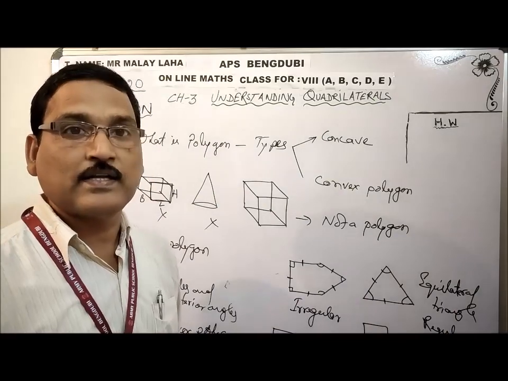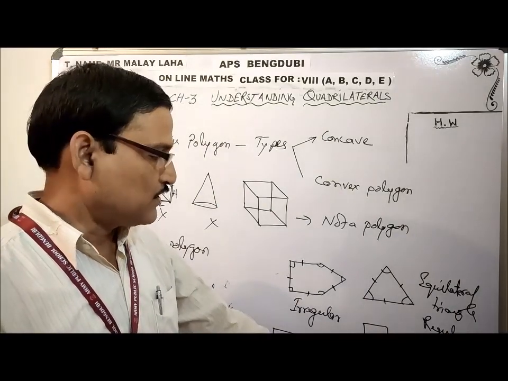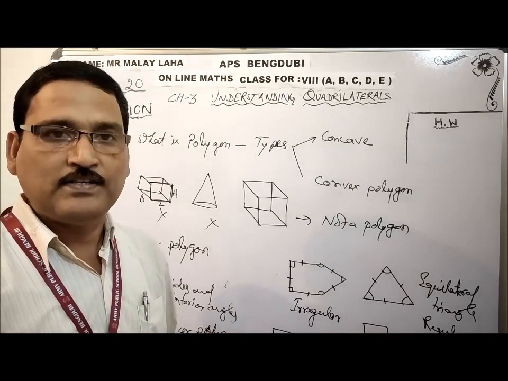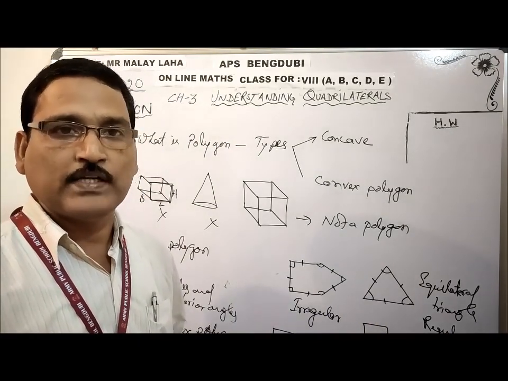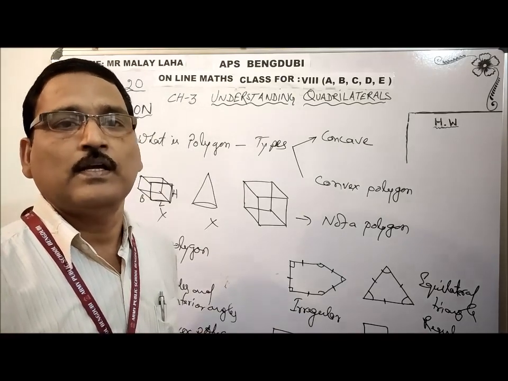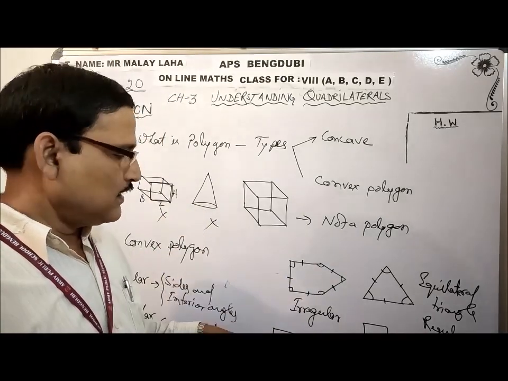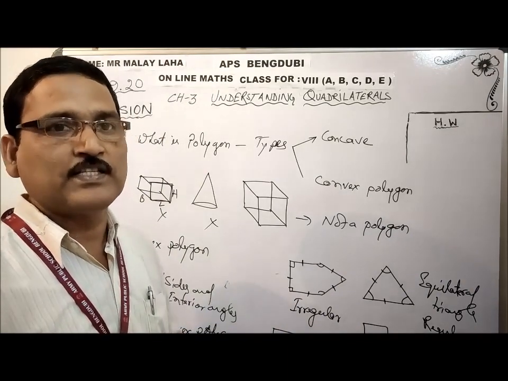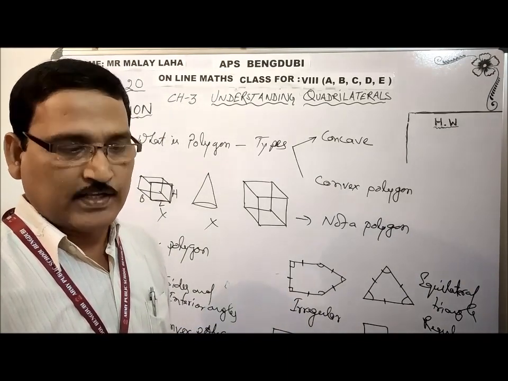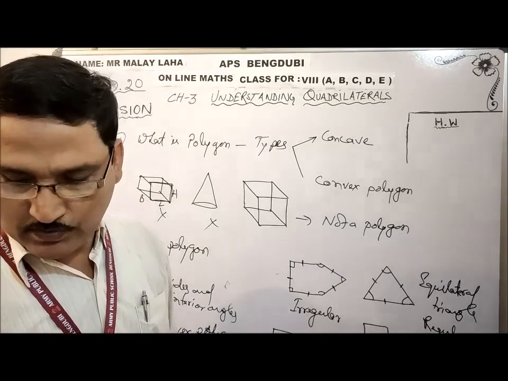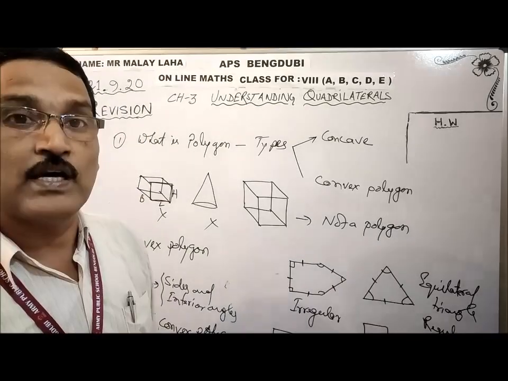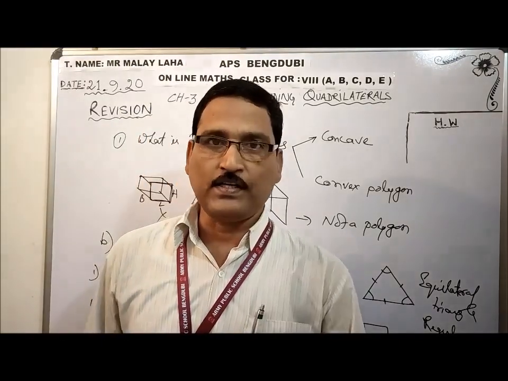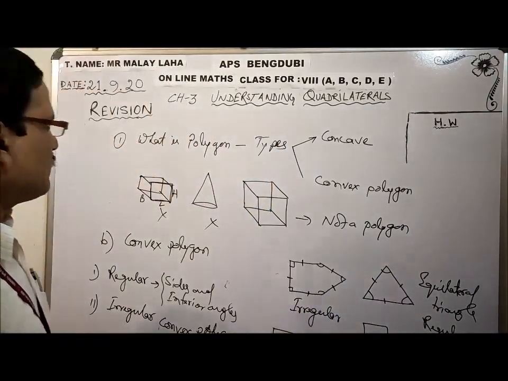Rhombus and rectangle are irregular convex polygons. Square and equilateral triangle are regular polygons. When sides and angles are both equal in measure, it is a regular polygon. Otherwise, if sides are equal and angles not, or angles equal and sides not, the figure is an irregular convex polygon. Our discussion will be on convex polygons. For concave, you just have to identify which is concave and which is convex.